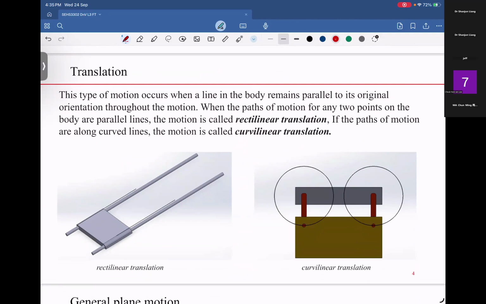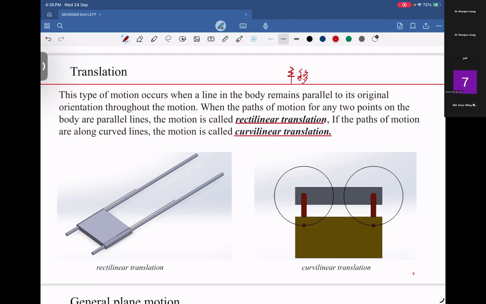One is rectilinear translation, the other is curvilinear translation. Translation in Mandarin is 平移, right? Rotation is 转动.